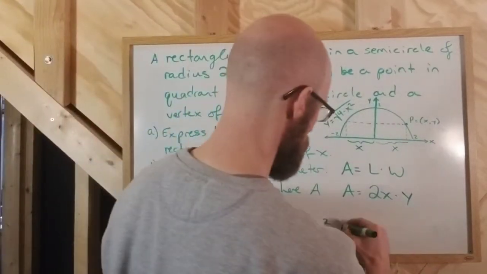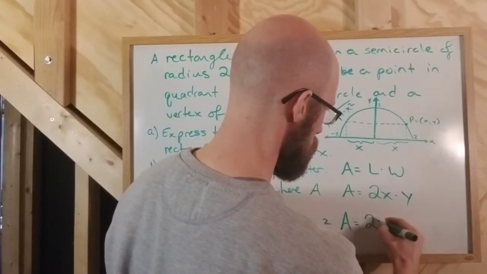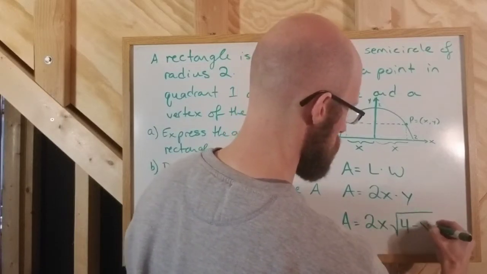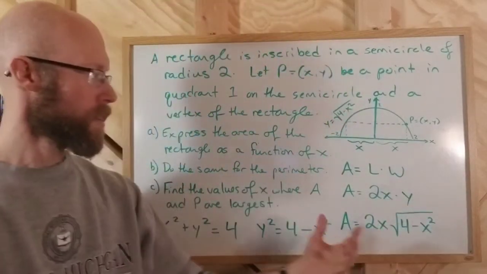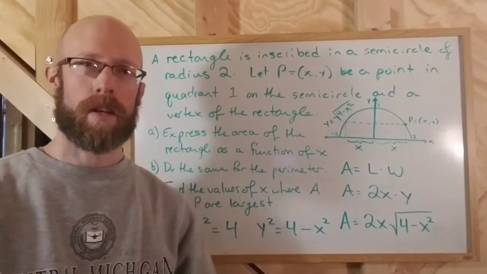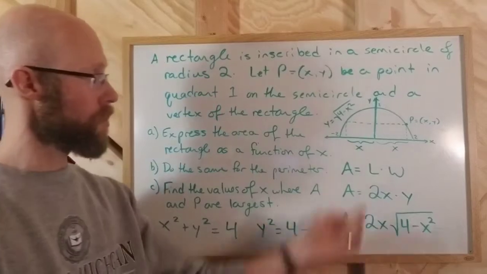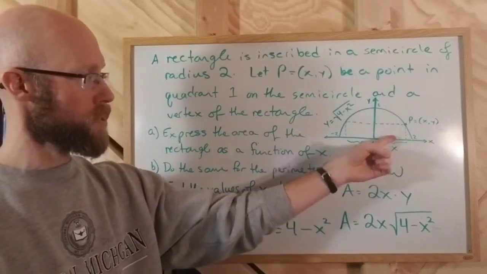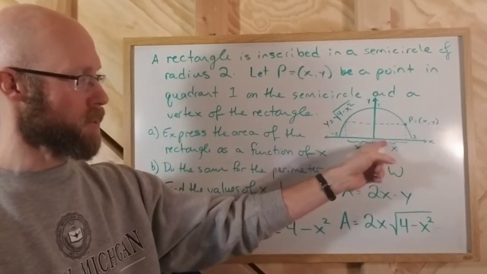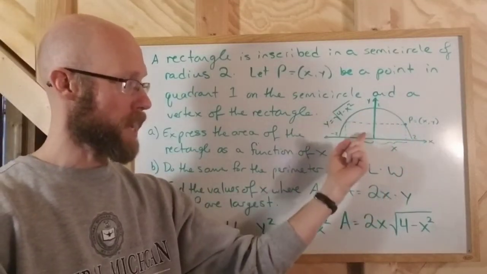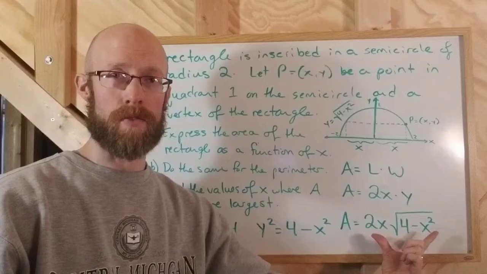And so my area is simply 2x times the square root of 4 minus x squared. This function here is the area function as a function of x. And so no matter where you put x, if you plug in the x value somewhere between 0 and 2, the area of that rectangle can be found using this formula.